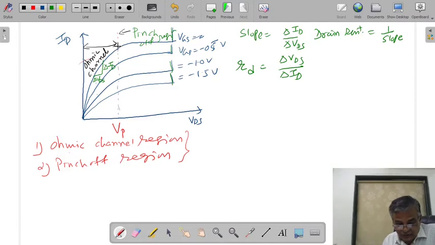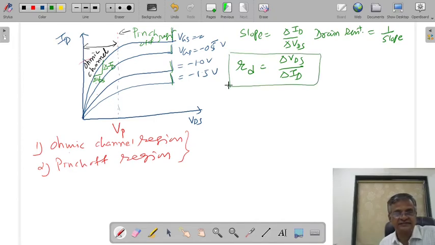I am discussing only this region. As you increase the negative voltage, this value increases, meaning the resistance offered by the FET device increases.